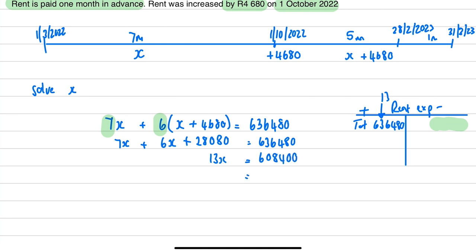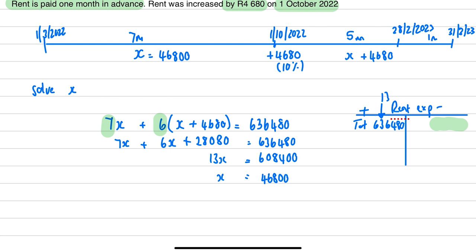I then divide on both sides by 13 to get X alone, and I get an amount of 46,800. So our rent per month was 46,800 before the increase, and therefore we can see that this is technically a 10% increase that took place.